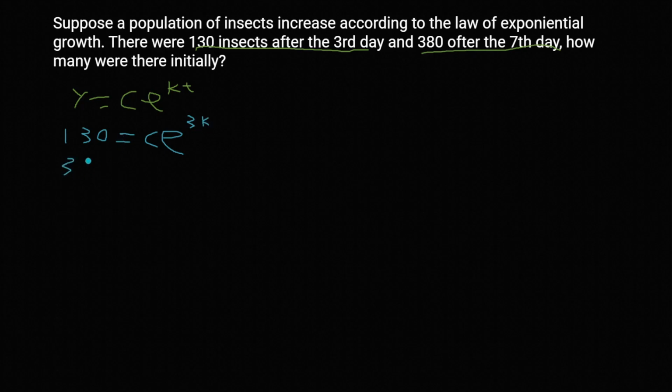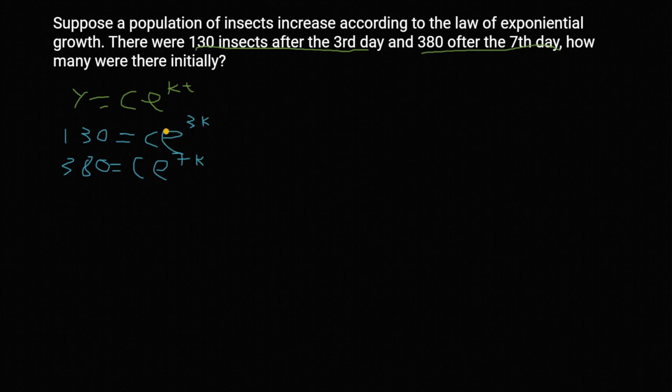And then we're going to do 380 as the population on the seventh day, so C e to the 7k. So now we have two functions. We're going to work this problem like a system of equations. And so we're going to solve for c. It doesn't matter which one you do this in, but you're going to solve for c in one, and then we're going to substitute it in for the other.